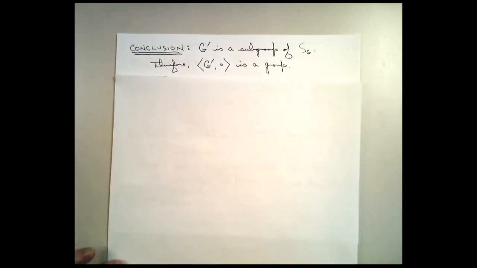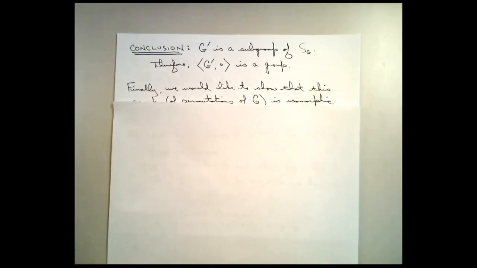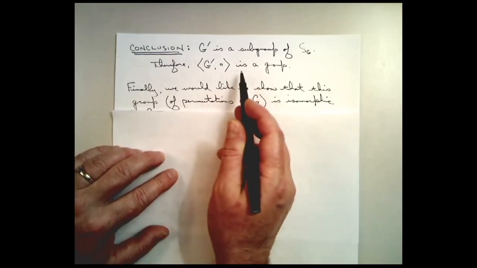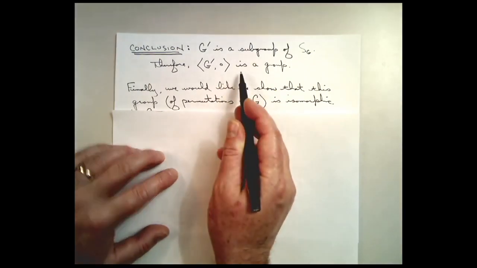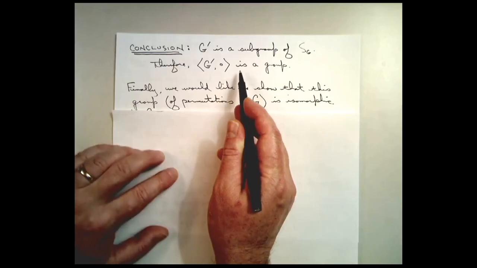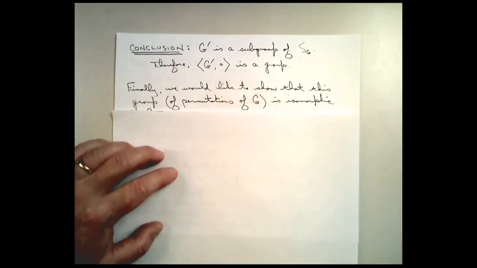That's exciting. What would we like now? Well, now we have this group of permutations that's a reasonable candidate for a group of permutations that just might be isomorphic to G itself.